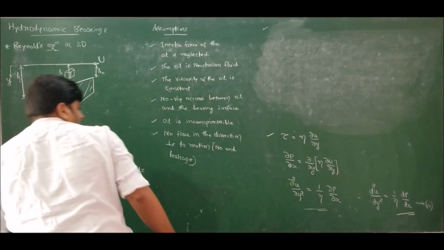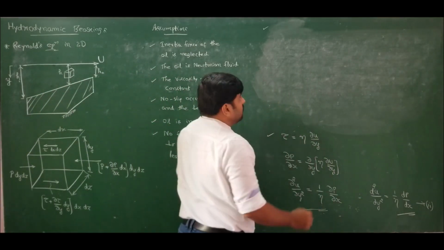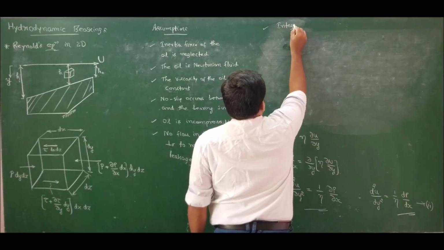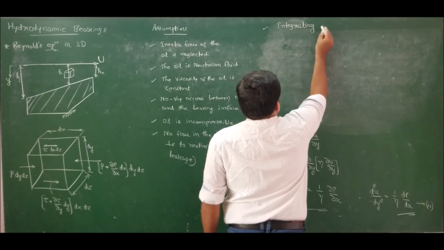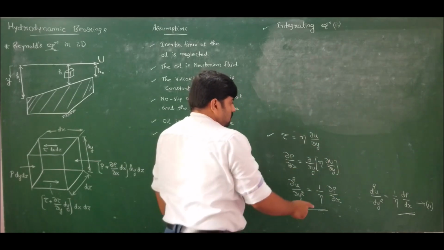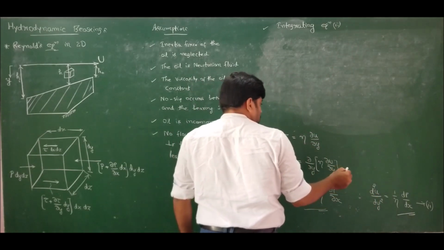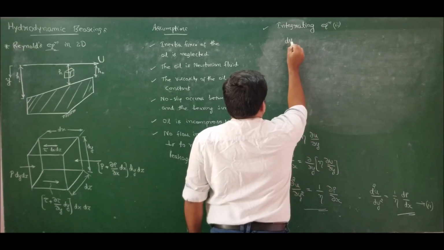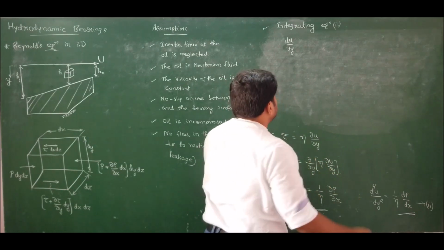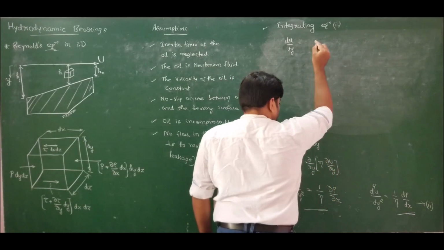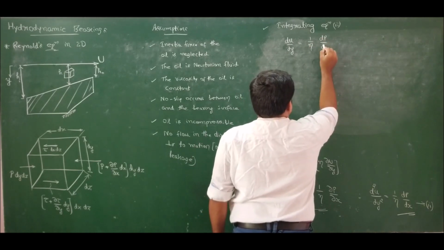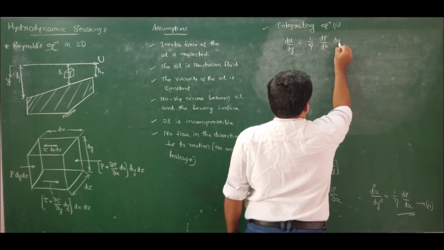So if I integrate equation 2, what am I going to get? Integrating equation 2, du/dy, integrating with respect to y, I will get du/dy is equal to 1 by eta dp/dx y.